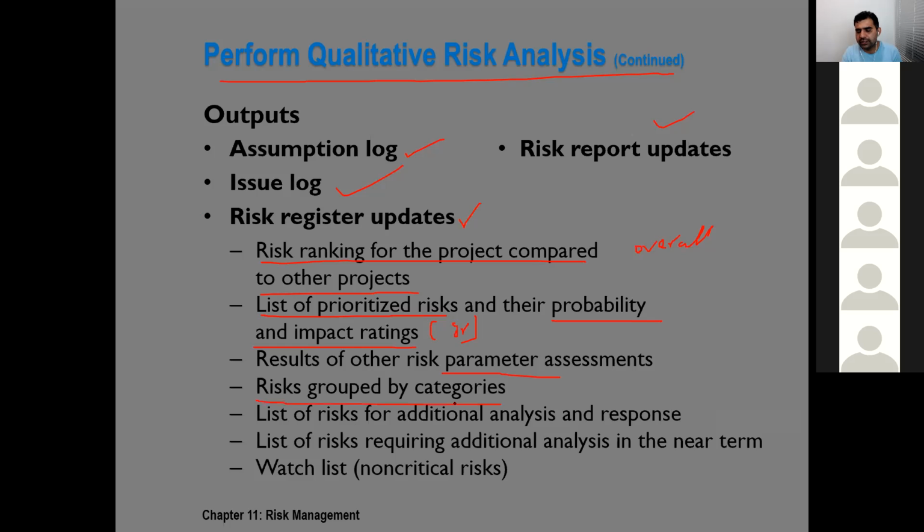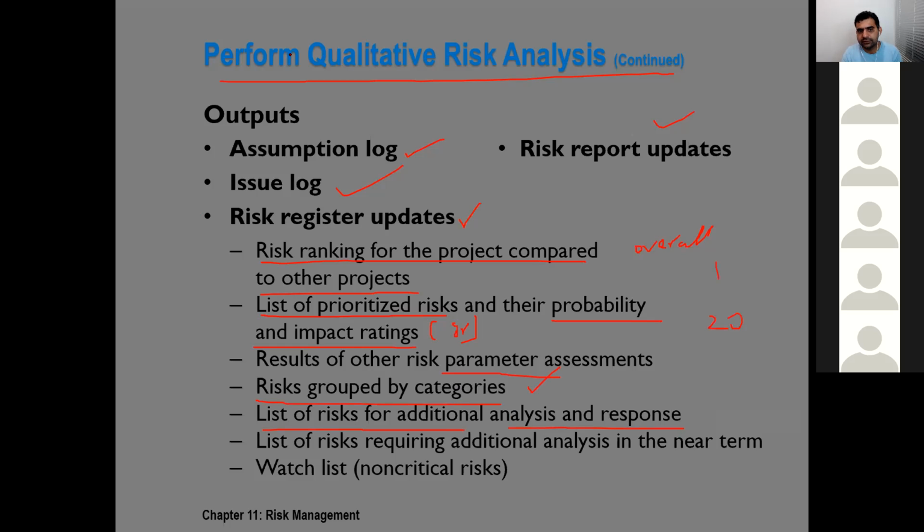We group the risks by categories. In fact, we update it because this work is already done. We also list the risks, especially the top risks, for example, the top 20 risks for further analysis, such as the quantitative analysis that we are going to do in the coming section.